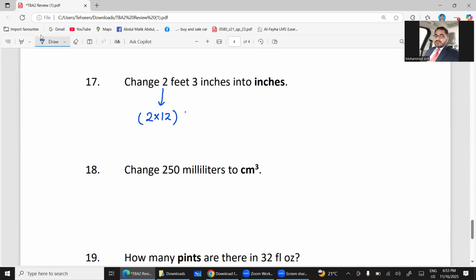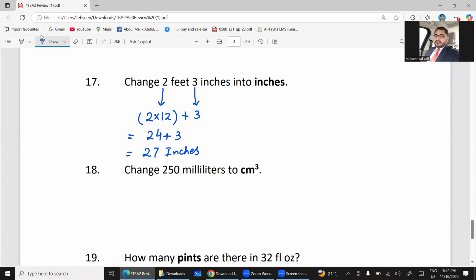Plus this 3, already in inches. This no need to change. Now the answer here will be 2 multiply 12, 24. Plus this 3 will be 27 inches. This is the answer.